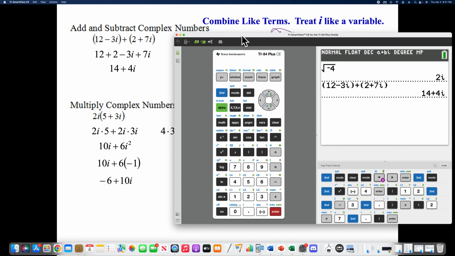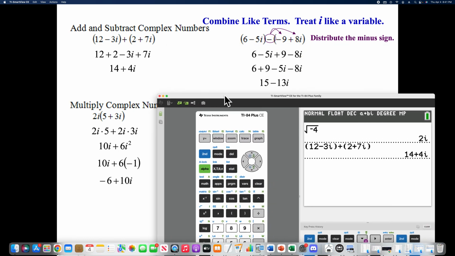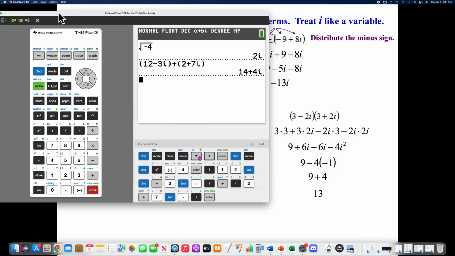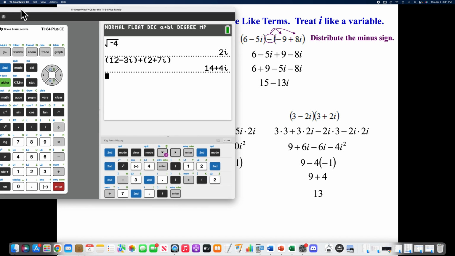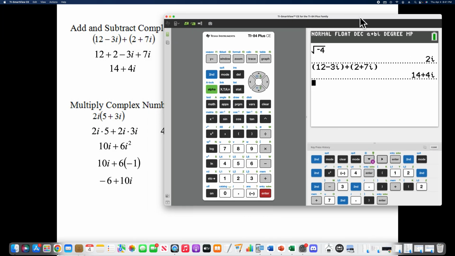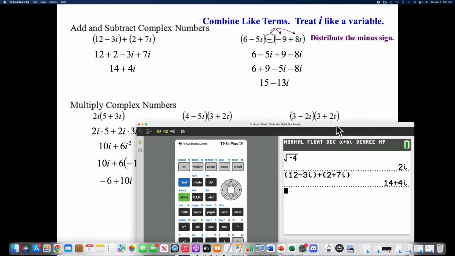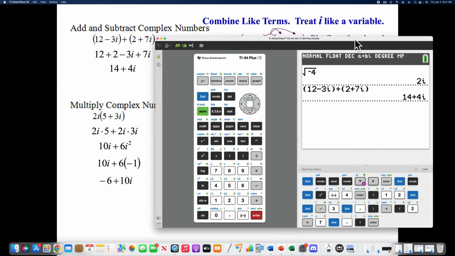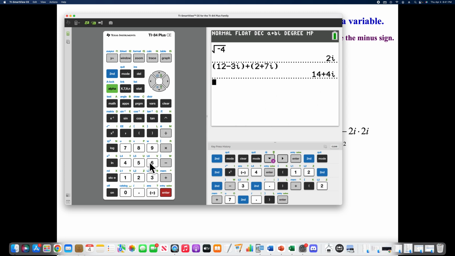Now remember, you're going to have to show me your work for all this, but it's really nice over here. If you forgot to distribute your minus sign, your calculator will catch the error. So if you put this down as plus 9 plus 8i and you have the wrong i term, your calculator will tell you. All right, your calculator will do the multiplications down here. You just type it in as you see it. So we had 4 minus 5i.